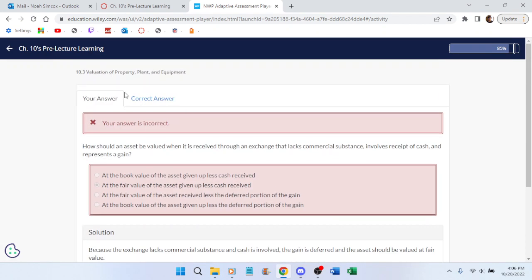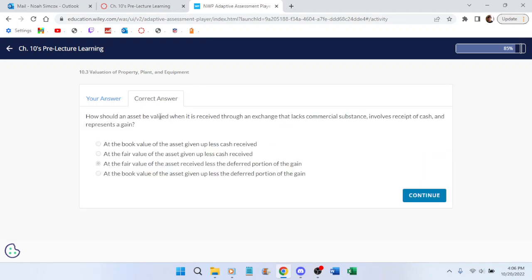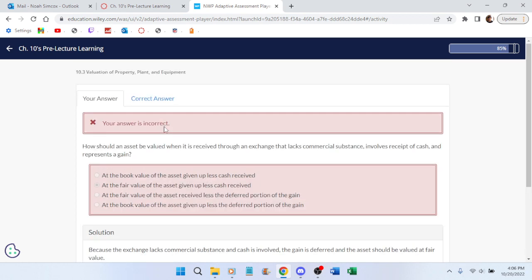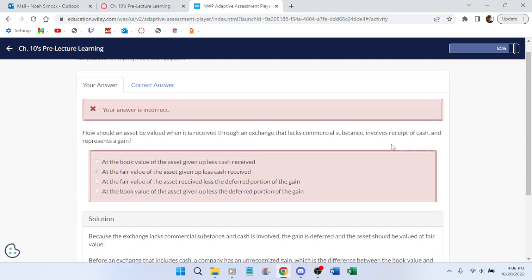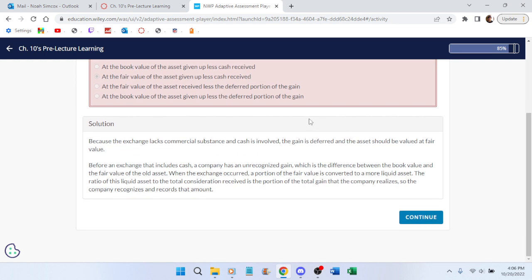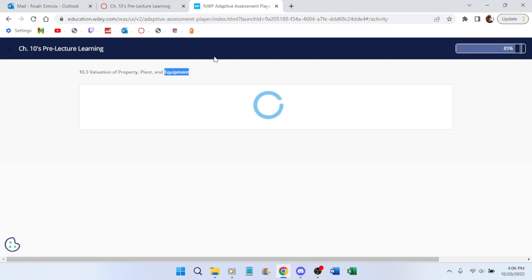No, the correct answer is at the fair value of the asset received, less the deferred portion of the gain. Because the exchange lacks commercial substance and cash is involved, the gain is deferred. No, it says cash. You received cash. I don't care. I'm not even going to read the explanation.